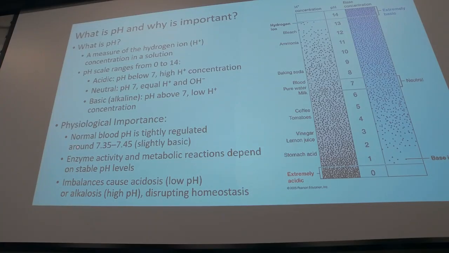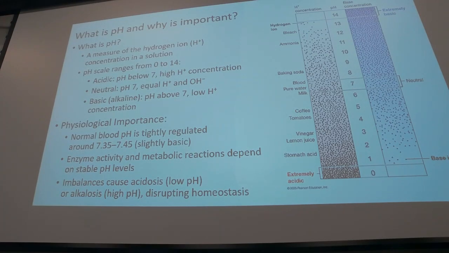And then another physiological importance is that many enzymes work at a particular pH. Like we have digestive enzymes that work at a pH that is basic, and others that work at a pH that is acidic.